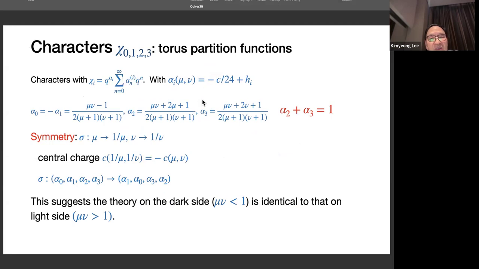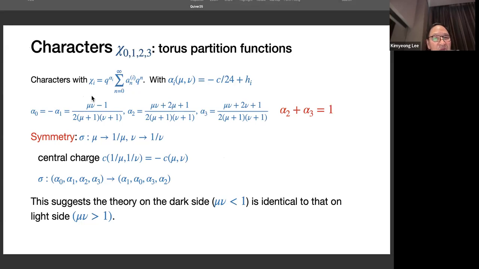So the exponent is given by minus c over 24 plus the eigenvalue of L0, which is h_i, plus the contribution from descendants. This is a non-negative integer power series, and especially the first coefficient shouldn't be 0. For the vacuum character, we start with 1.